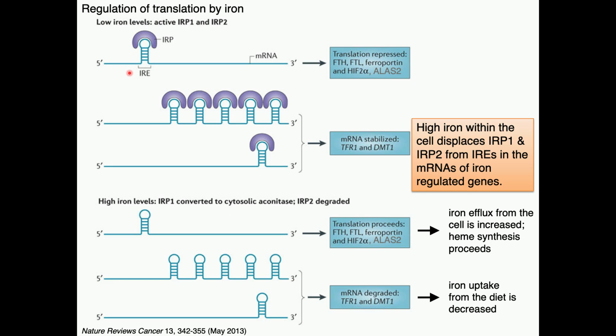So when iron is high, it's binding to the IRP1 and it makes an iron sulfur cluster in the catalytic site, and then that activates that cytosolic aconitase activity. So kind of just an interesting example of efficiency within the cell by getting two functions from the same gene. Okay.